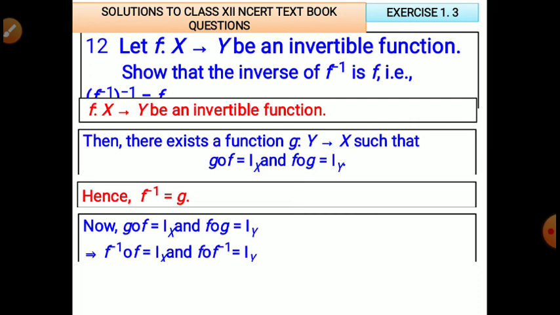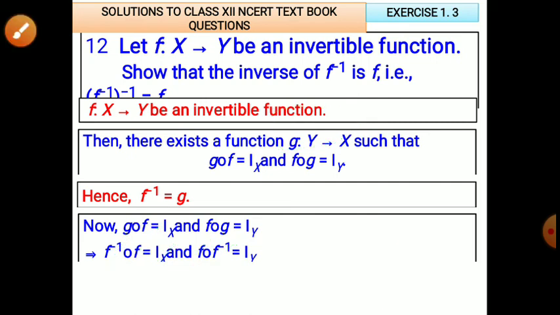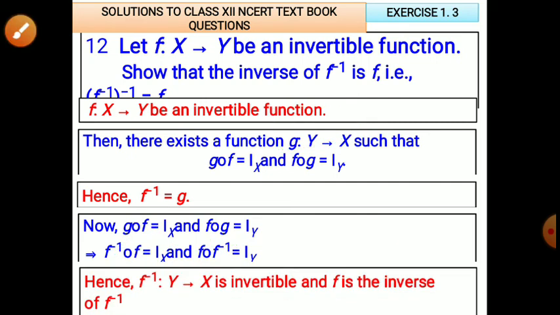So that means g is the inverse. So here g is the inverse we have considered. If it is, then f inverse of f is equal to Ix, f of f inverse is equal to Iy. So hence f inverse from y to x is invertible and f is the inverse of f inverse.